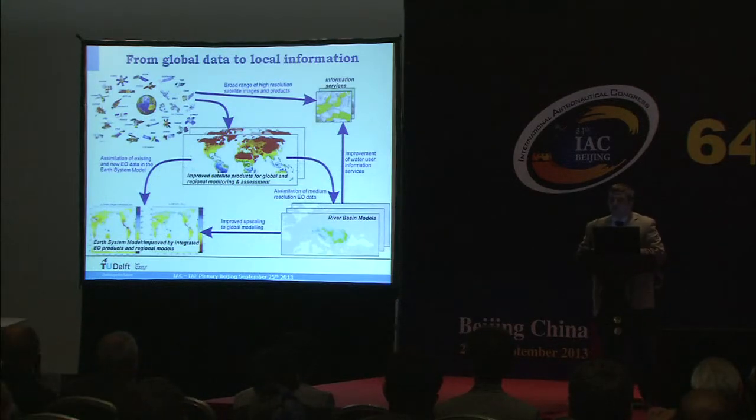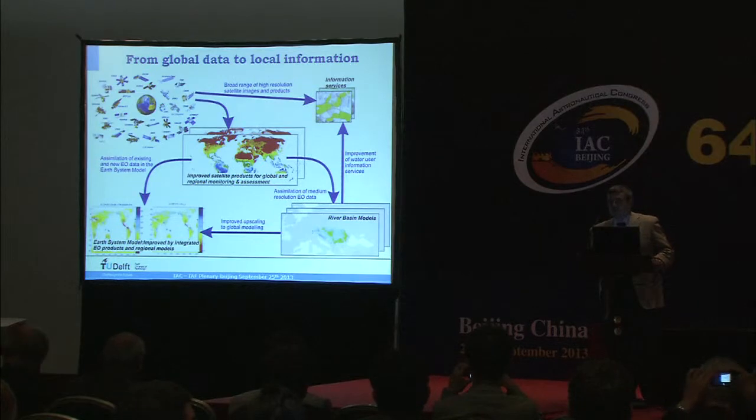And now, if you look at what people are doing today with space data in relation to hydrology and water management, you would end up, at least that's my interpretation of what we are seeing, with this. First, on the top left of this diagram, you see a multitude of satellite platforms.